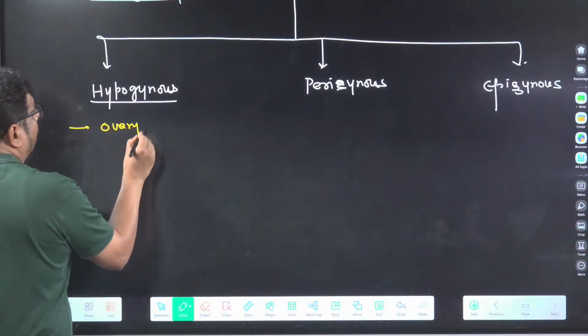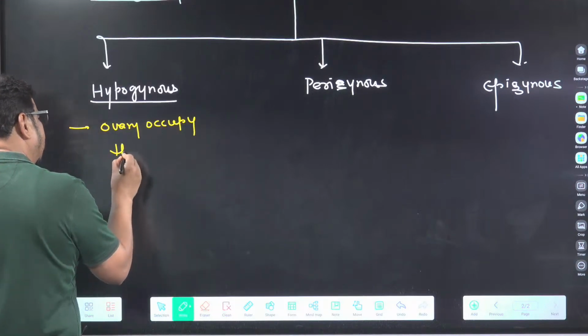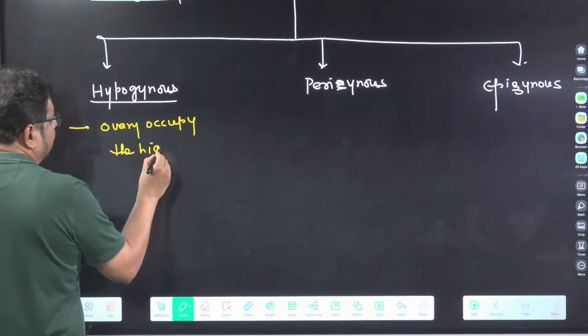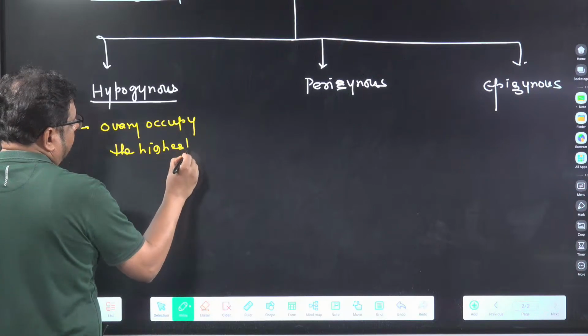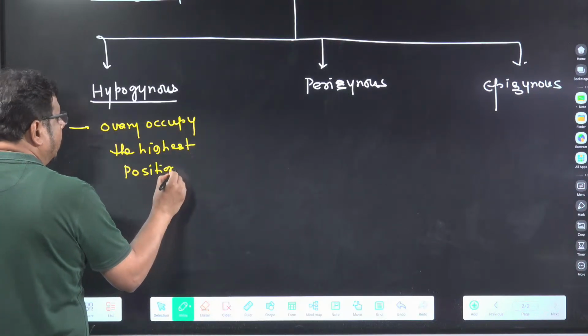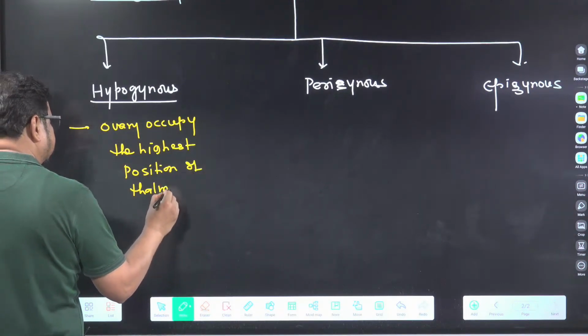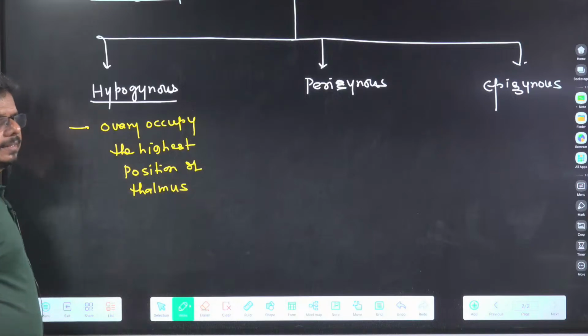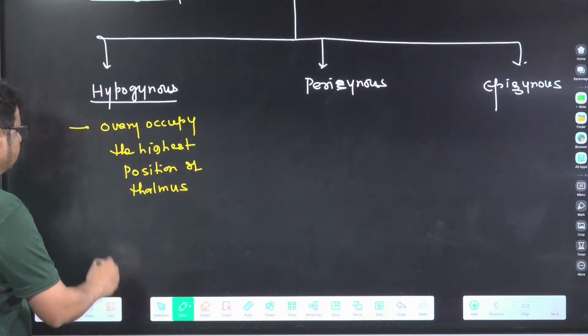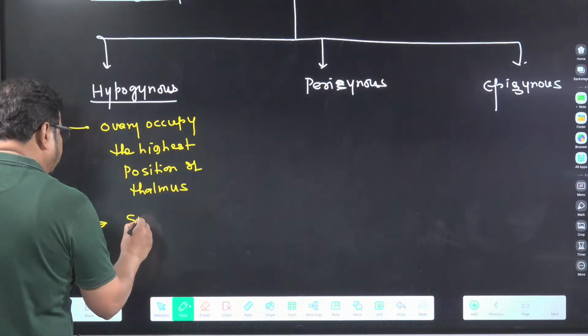Ovary occupies the highest position on the thalamus, and such a condition is called superior ovary.